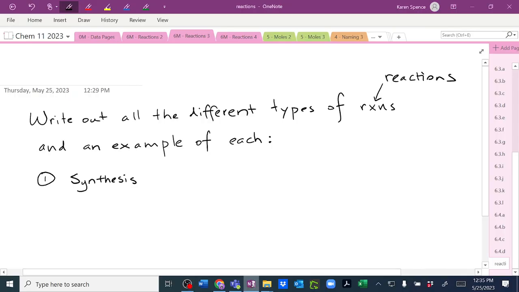When we have a synthesis reaction, what type of reactants do we have? Your choices are element or compound. Elements. You have an element plus an element.